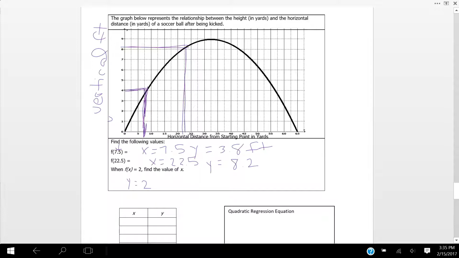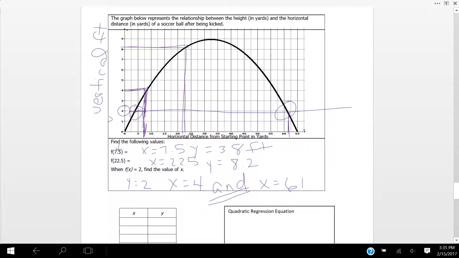Okay, and then when f of x equals 2, now we're talking about y equals 2. We want to find the values of x. So when y equals 2, we're right here. Notice that there's going to be 2 places where y is equal to 2 on your x. So there's going to be 2 values. X is going to be equal to 4-ish, and x is also going to be equal to about 61.